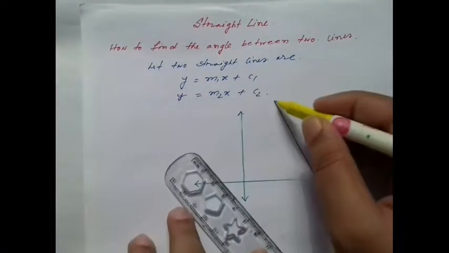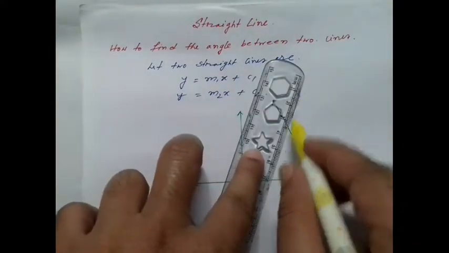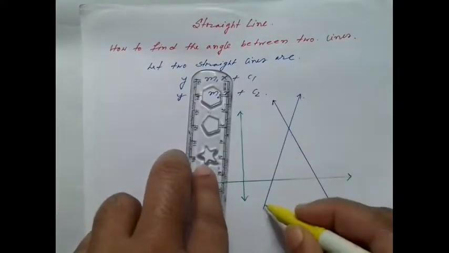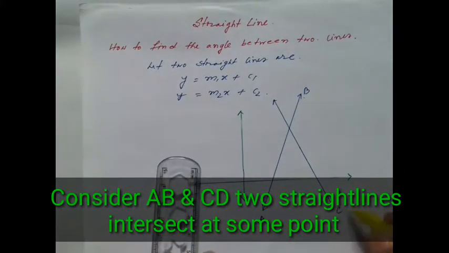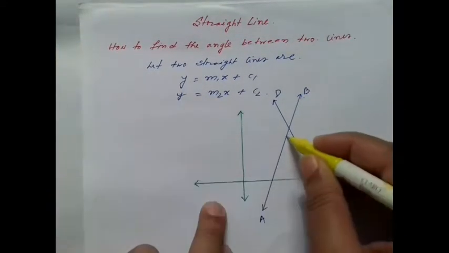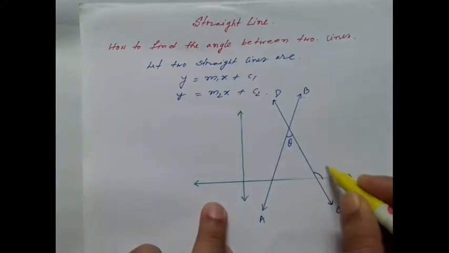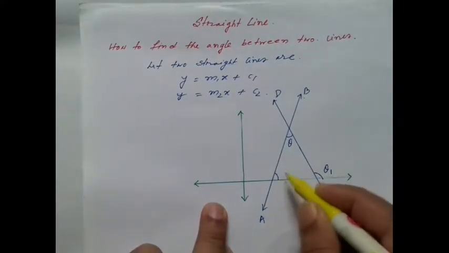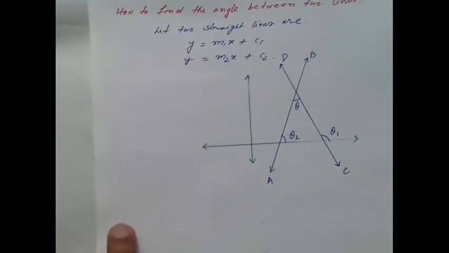We have to consider two straight lines which intersect here, AB and CD. I have considered these two lines. Okay, and this angle is theta. We have to find this angle, and this one is theta 1, this one is theta 2.